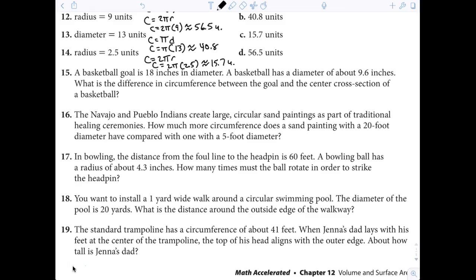Okay. So tell me what the circumference of the basketball goal is. Circumference of the goal. The males get 56.5. Thank you. And what's the circumference of the ball?